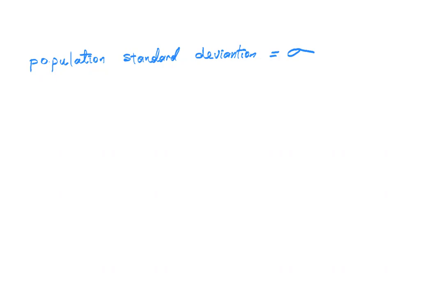Look at page 172 of your textbook. There is no symbol for it, correct? Population variance, they write it as this.